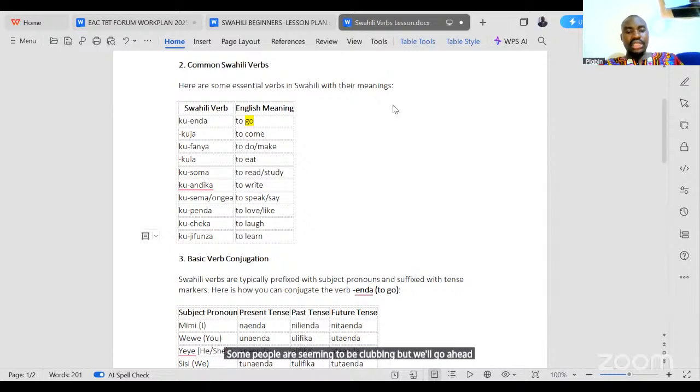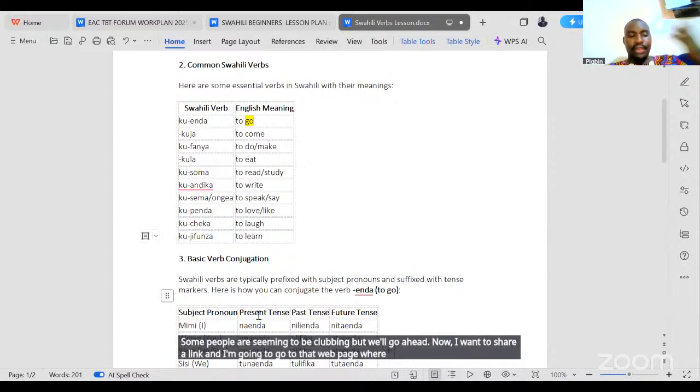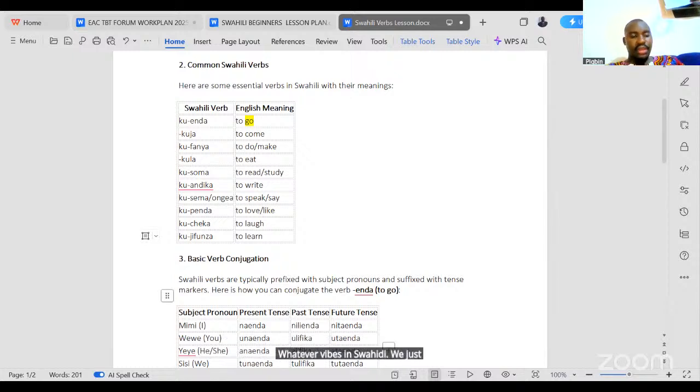Now, I want to share a link, and I'll go to that web page where we have a lot of other pronunciations or other verbs in Swahili. We'll just do around 10 of them. Then I'll share the link with you here in the chat so that you can also go at your own pace.